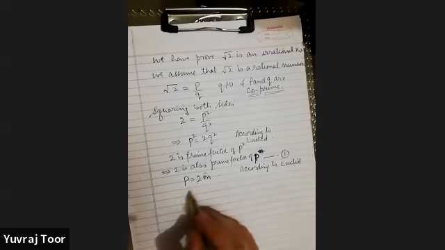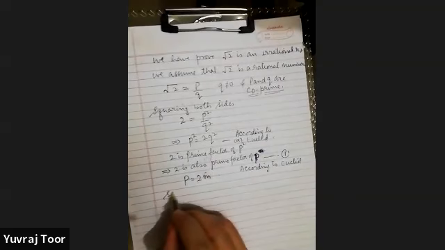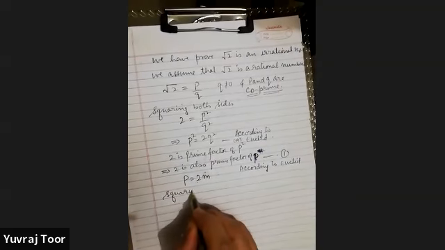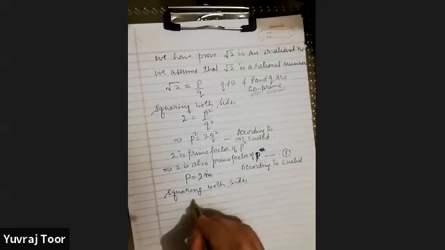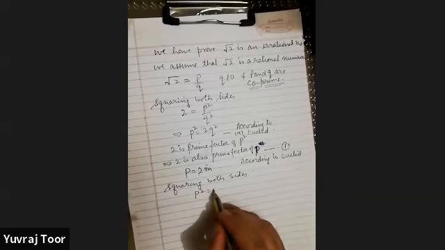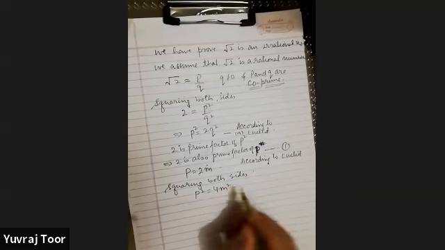So I mark this as A and square both sides. This will fetch me p square is equal to 4m square.